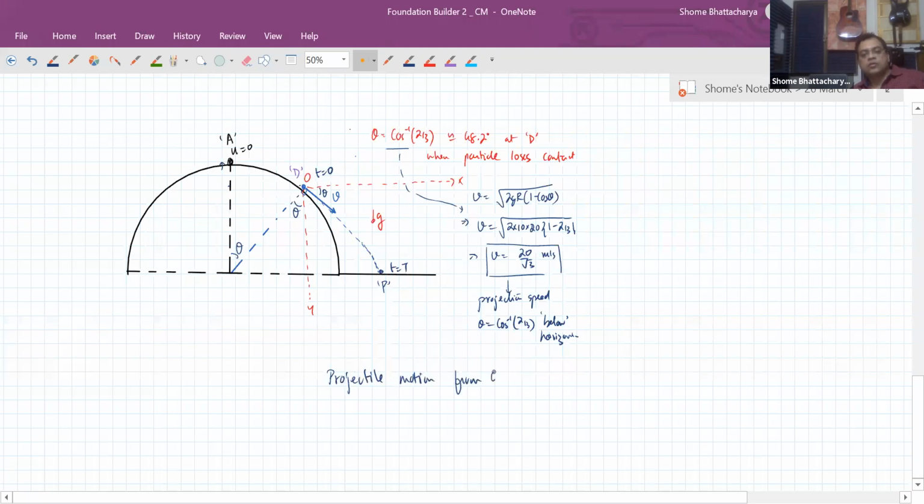Okay. So for the projectile motion from O to P, the velocity v has components: ux equal to v cos theta, and a downward component uy equal to v sin theta. Since cos theta is 2 by 3, sin theta can be easily calculated like this.